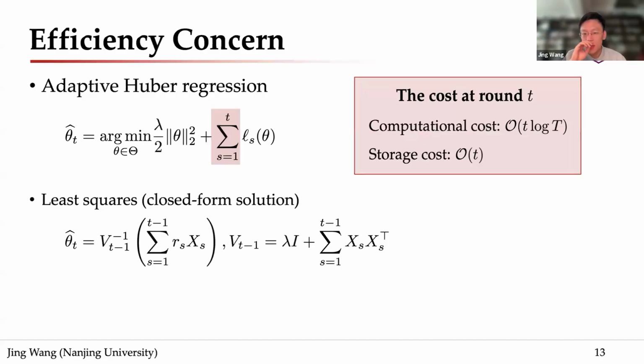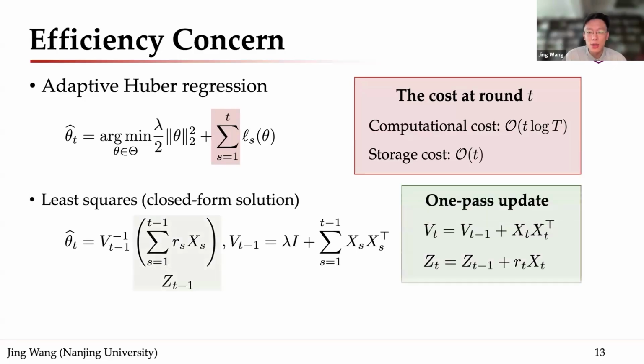For comparison, recall that in the sub-Gaussian case, we use least square for the estimation, and least square has a very simple closed form solution that we can directly update using the matrix V_t and a vector Z_t. V_t and Z_t can be updated with a one-pass method, directly using the data at the current round and the last round's V_{t-1}.